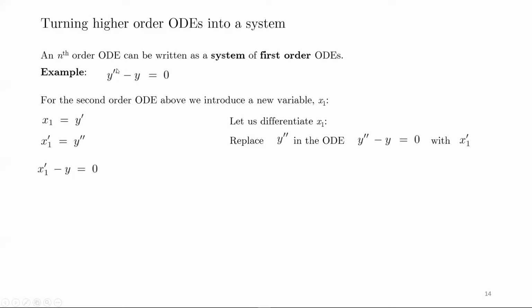Because of my original ODE, y double prime, I've said here that y double prime equals x1 prime. So therefore I can write x1 prime is equal to y. They're very simple. So now I have a first order ODE for y here, y prime equals x1, and a first order ODE for x1, x1 prime equals y.